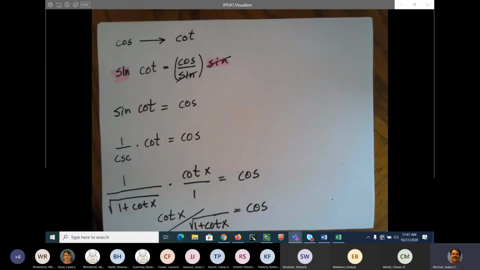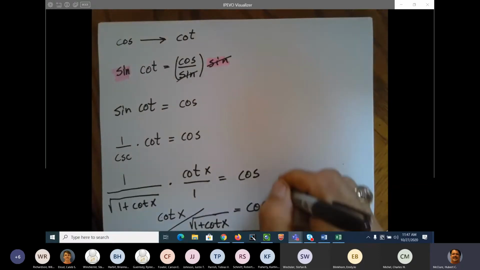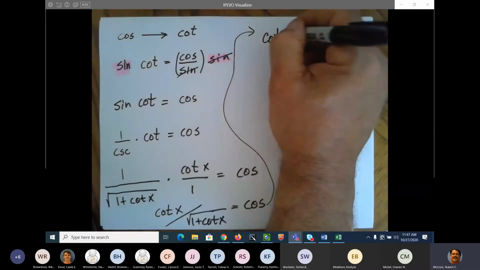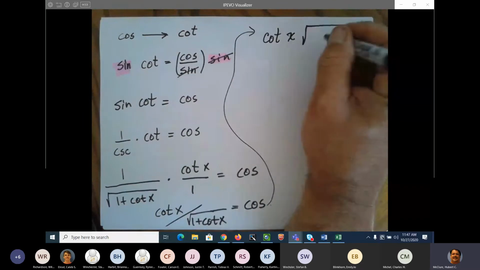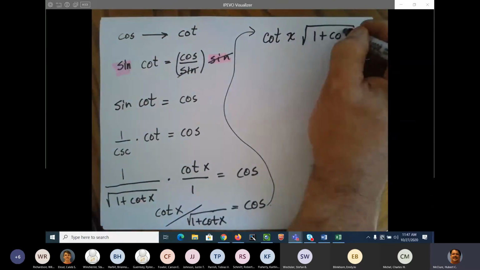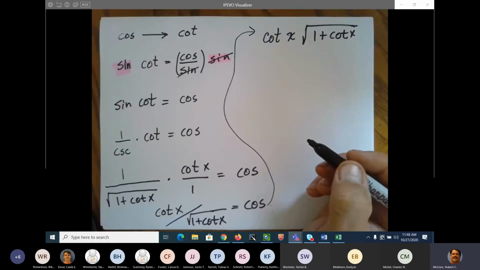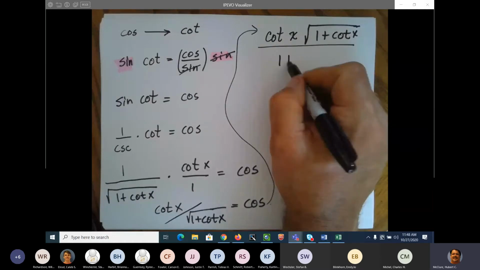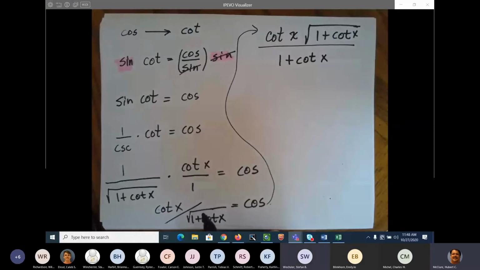Now I'm just going to multiply by the square root on top and bottom. And that's going to give me cotangent of x times the square root of 1 plus the cotangent squared of x, over 1 plus the cotangent squared of x. Oh, squared. Would they be squared? Yeah, sorry, squared.